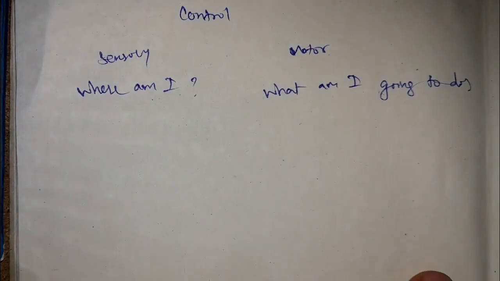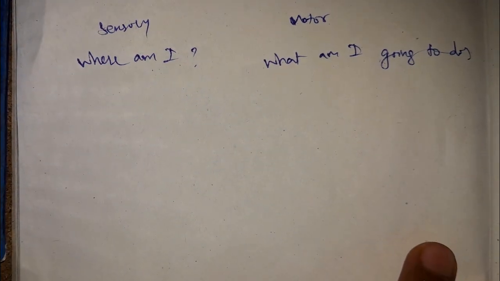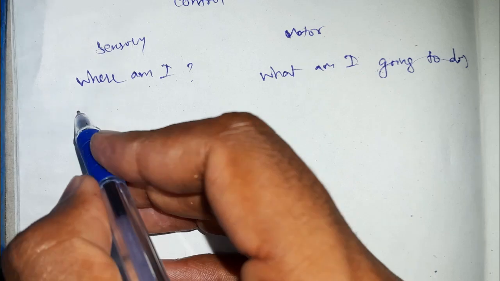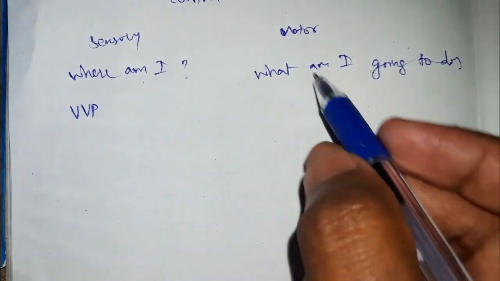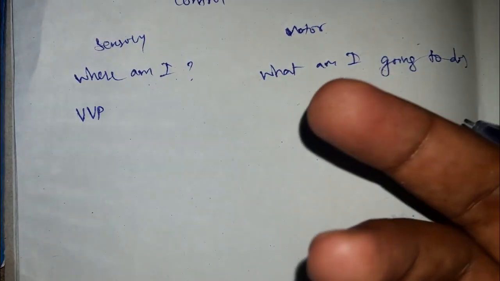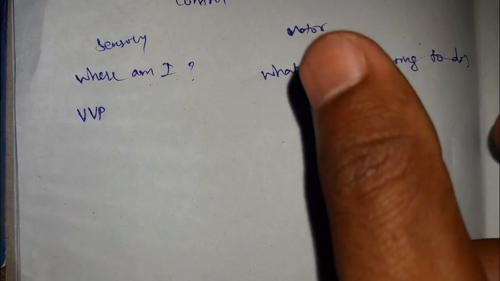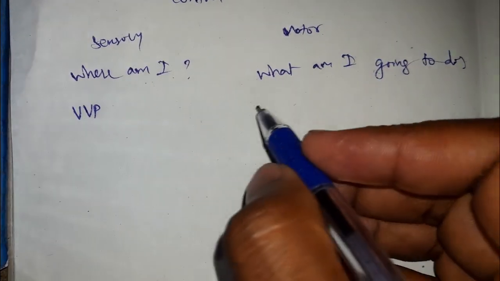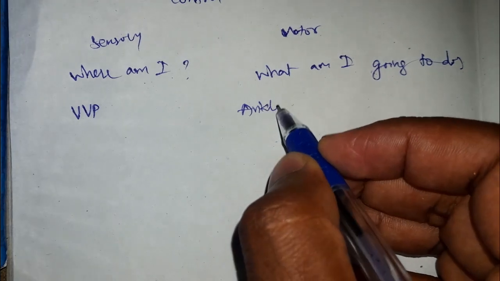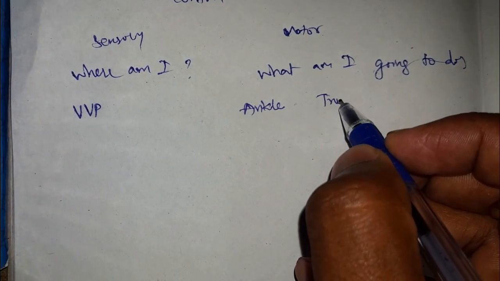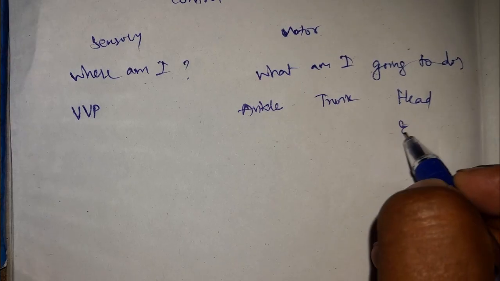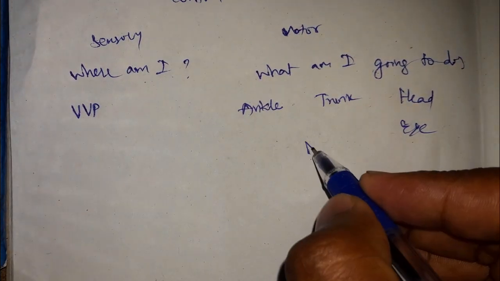So this is the sensory and motor response. Sensory information is done by vision, vestibular, and proprioception, and motor is done by the muscles. The choice of body movement and which muscle is going to contract is decided here, whether the ankle muscles, trunk muscles, or head and eye movement.